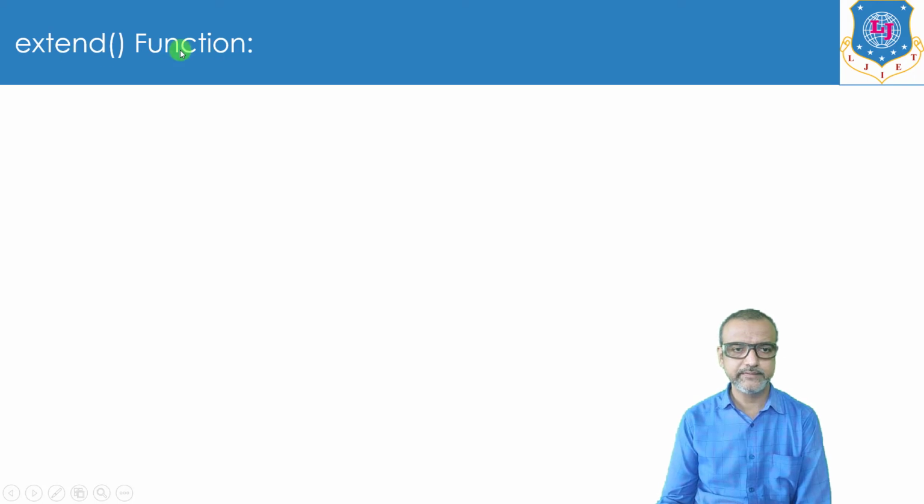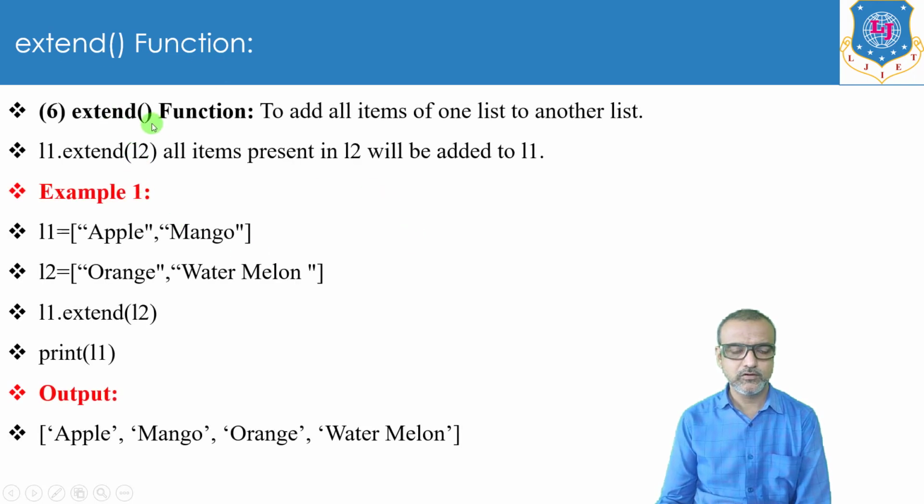Now we will see the extend function. So what will the extend function do? To add all items of one list to another list, we are going to use the extend function. So L1.extend(L2), what will it do? All items present in L2 will be added to L1.